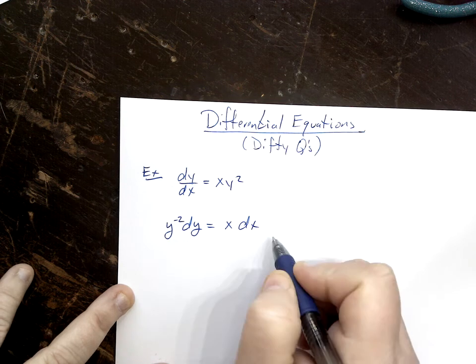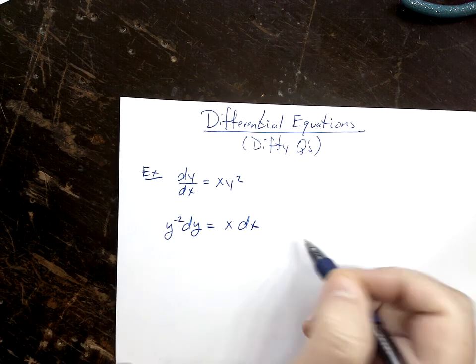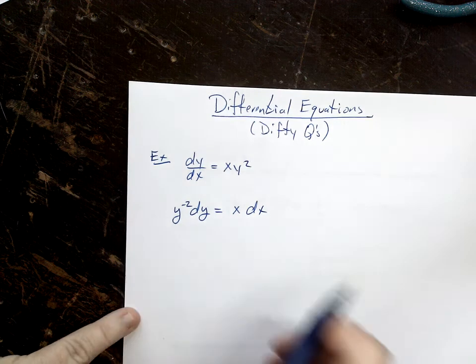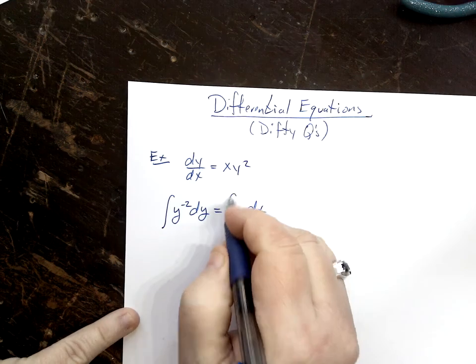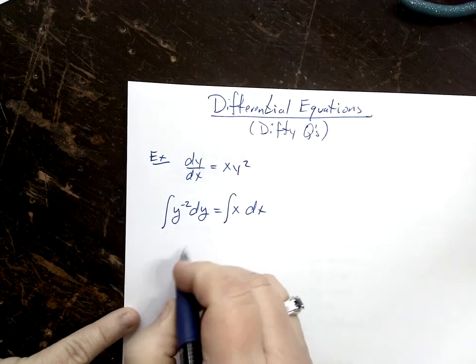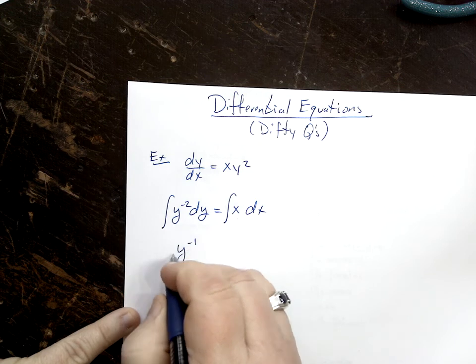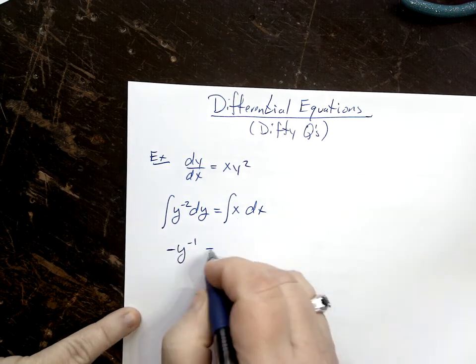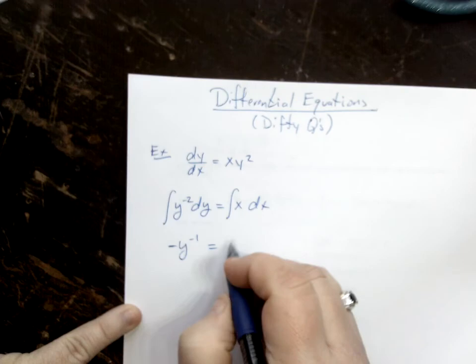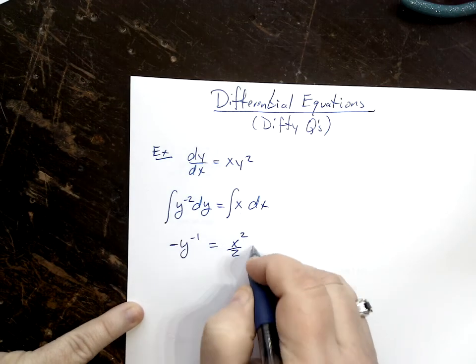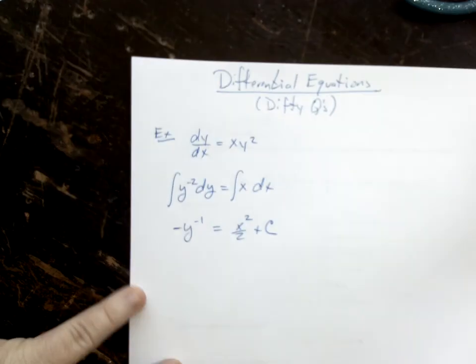Now the dx's and the dy's must be on top. Otherwise it doesn't make any sense. So now I can integrate both sides because I've separated them. Y to the negative 2 becomes y to the negative 1 divided by negative 1 equals the integral of x, which is x squared over 2 plus some arbitrary constant c.